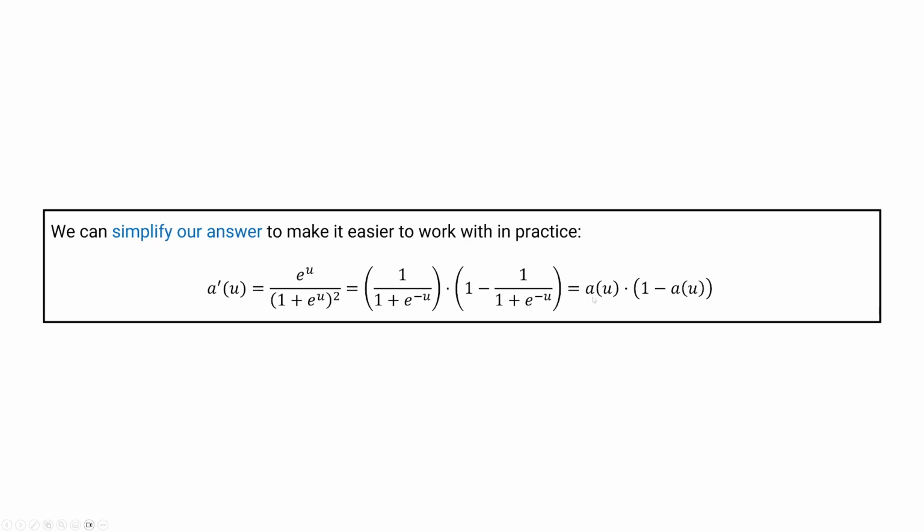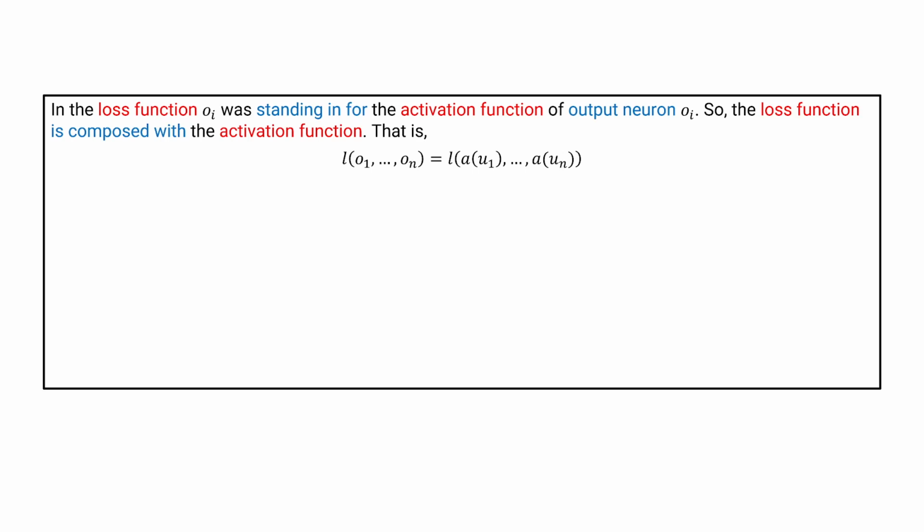So we just apply it. So this is the actual activation of our neuron. We just take that activation and we multiply it by 1 minus itself, and that will give us the gradient at this particular point. So what we've done here is we've computed the derivative of the loss function, and we've also computed the derivative of the activation function.